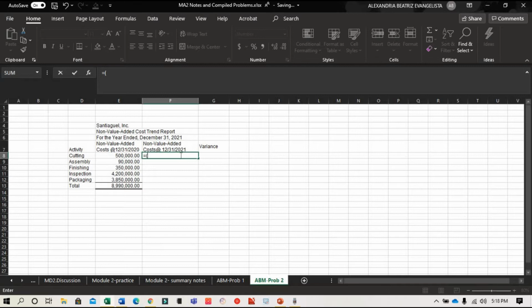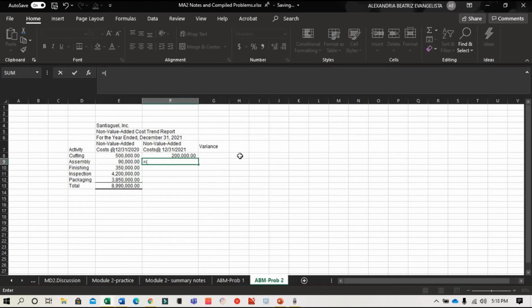So for this problem, for cutting activity, that is 420,000 minus 400 multiplied by 10.